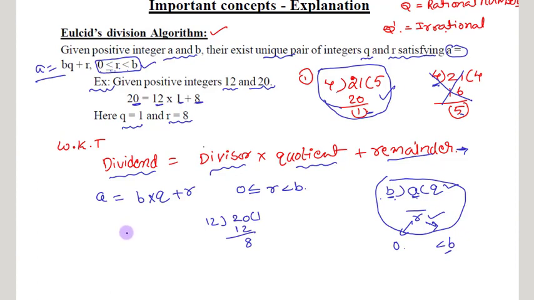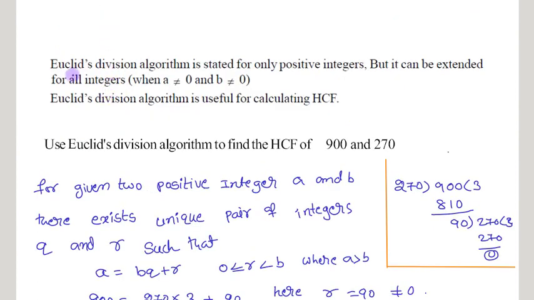Now, let us see the next concept. Euclid division algorithm is stated only for positive integers, but it can be extended to all integers, where a is not equal to 0 and b is not equal to 0.